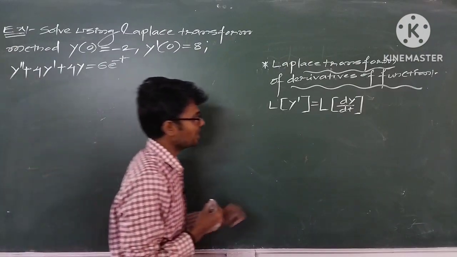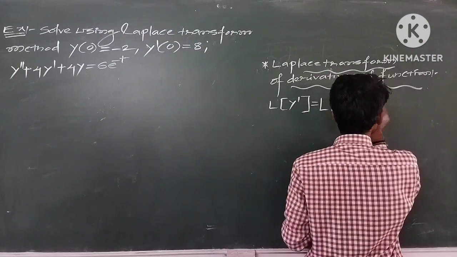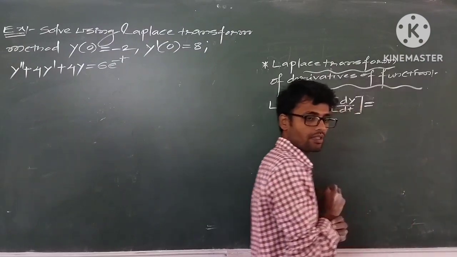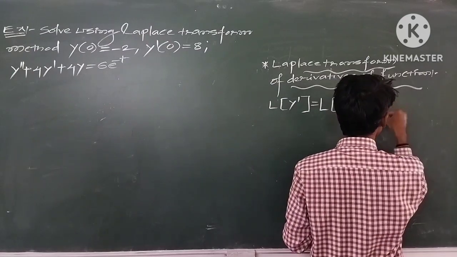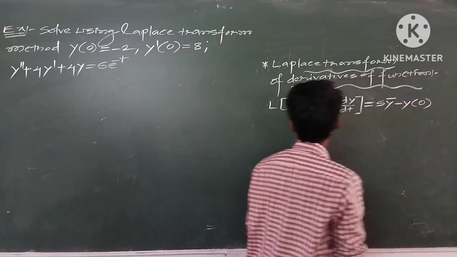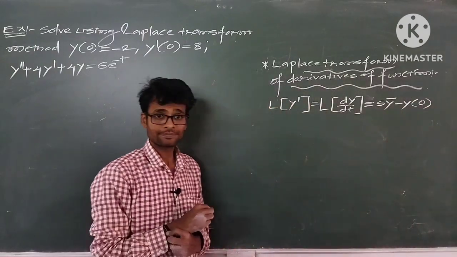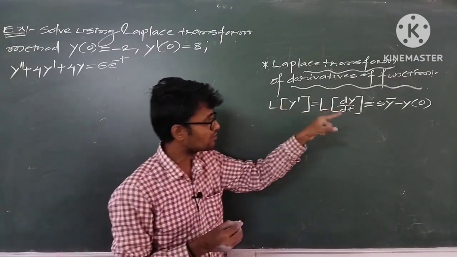We write this as s into y bar minus y of 0. Very important: Laplace transform of y dash is equal to s into y bar minus y of 0.